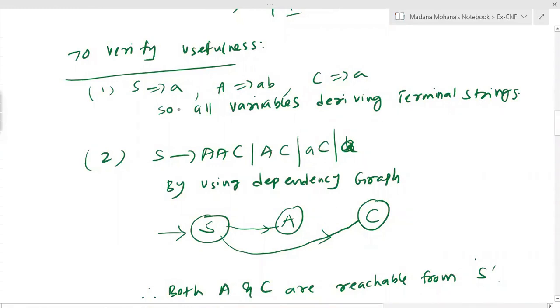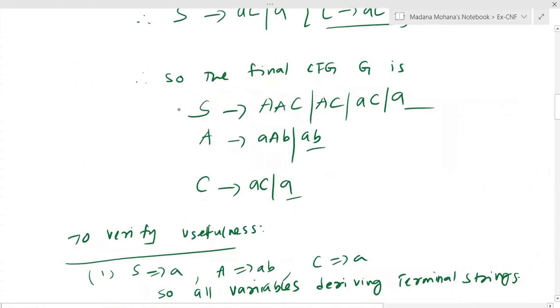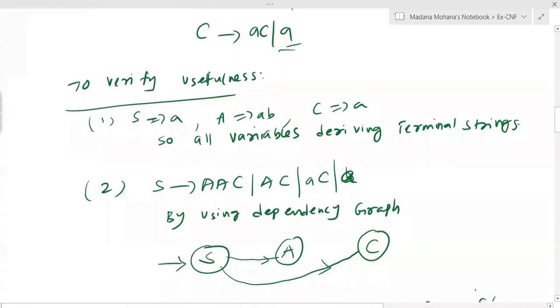In the given resultant grammar, S derives a terminal directly; on the right hand side a single terminal is there, or more than one terminal also. Then A derives AB, A also deriving a terminal string. Then C derives A, also deriving a terminal string. Therefore S derives A derives AB, C derives A. So all variables derive a terminal string, satisfying the first condition. That means there are no useless symbols as per the first aspect.